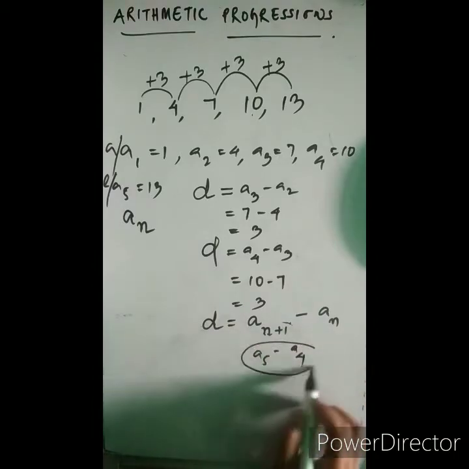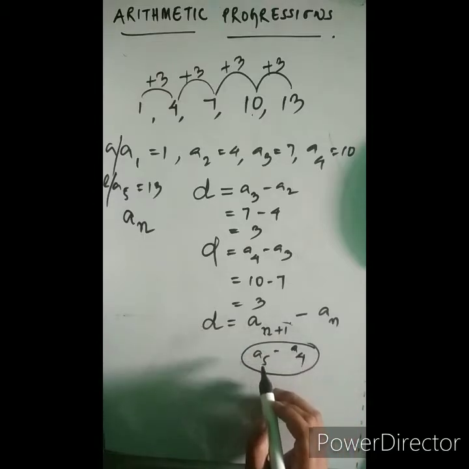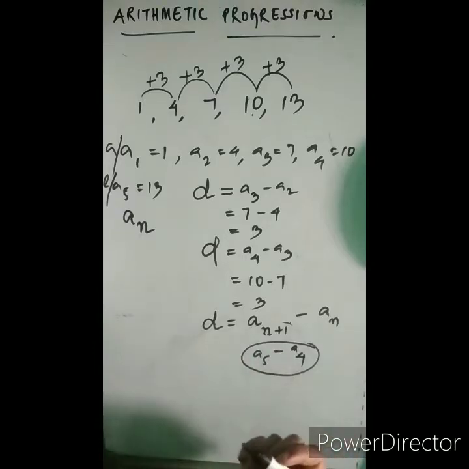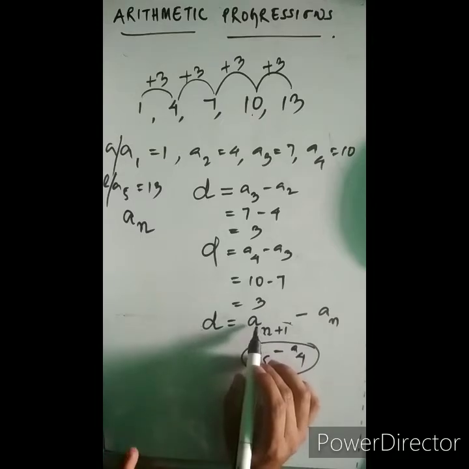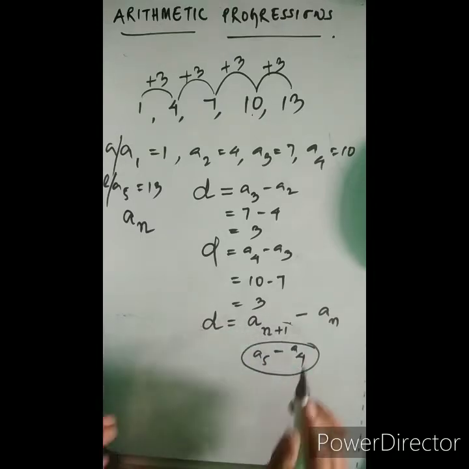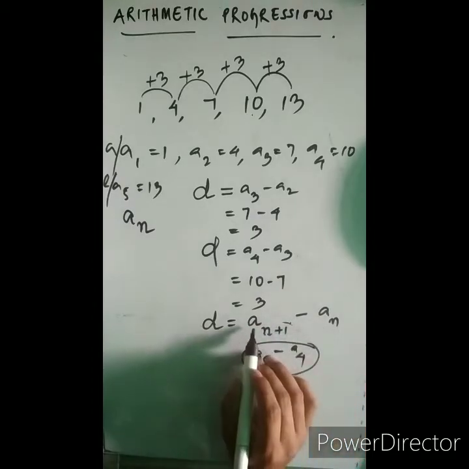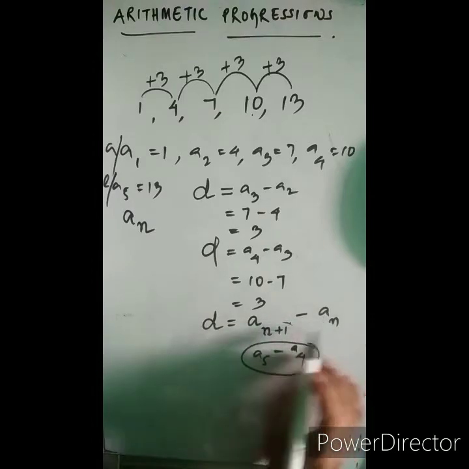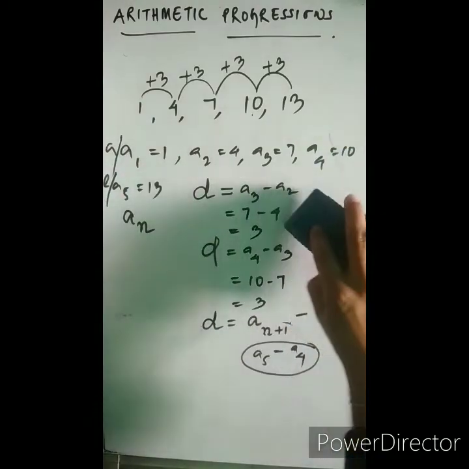So we have taken the consecutive terms, and the succeeding one is written first and the preceding one is written later, and then we find the difference. You subtract it. So d means the term at the n plus 1 place minus the term at the nth place. So an plus 1 minus an. This is the formula for finding the common difference. So I will rub this part now.